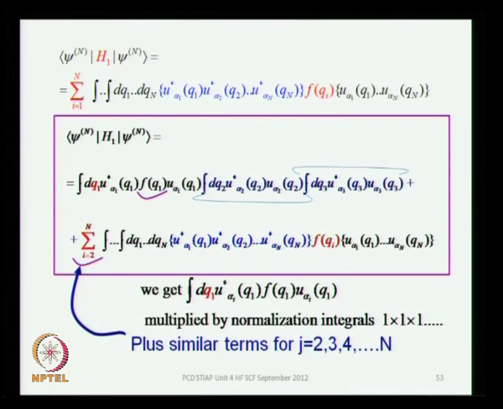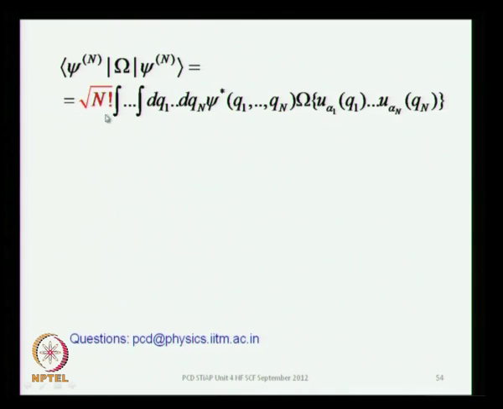So you just have to sum over similar terms, and you have got similar terms for the remaining n minus 1 electrons, j going from 2 to n, and you can pack all the terms together.